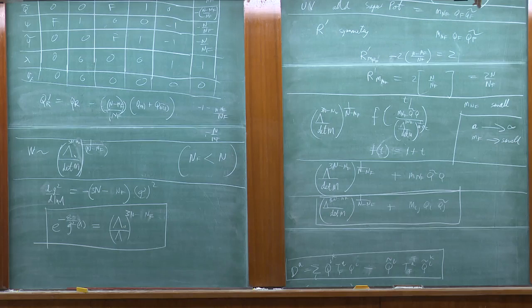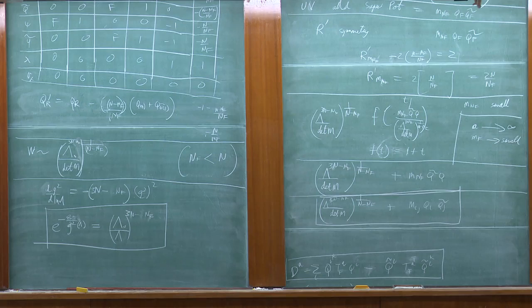Therefore, the gauge group is completely Higgsed at some very high scale, and the gauge coupling stops running there. But it stops running at a place where the gauge coupling is very weak from that formula. In the limit that A goes to infinity, that gauge coupling is 0. So no quantum corrections to the classical superpotential survive.